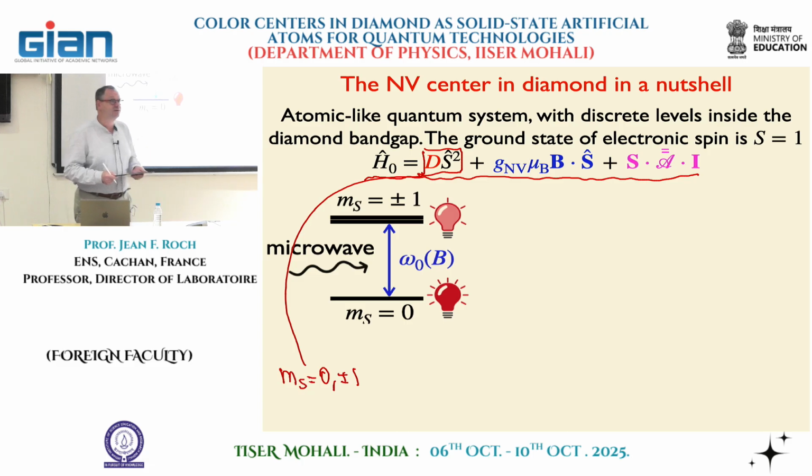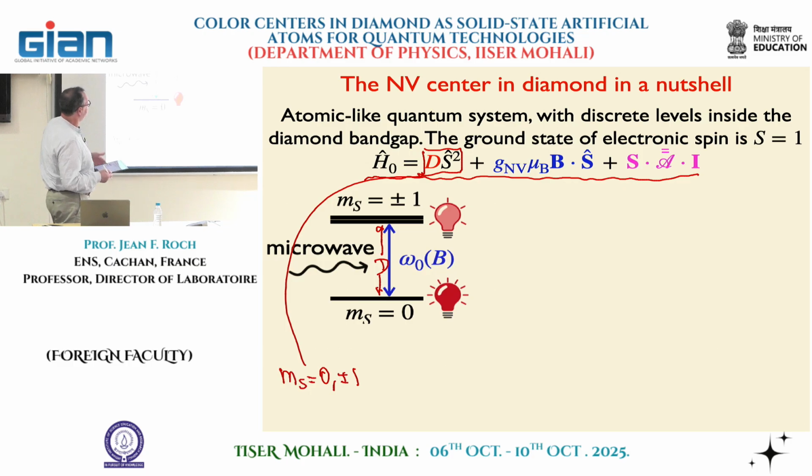The ms equals 0 will be the ground state, and separated by this parameter D, we will have the two degenerate states ms equal plus minus 1. And what does this mean? This means that we have this frequency difference between the different states.